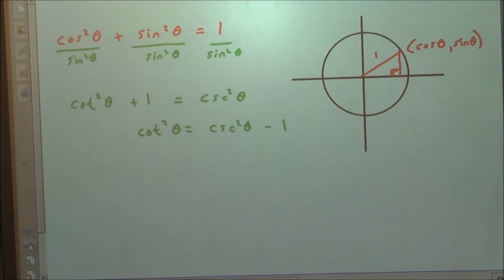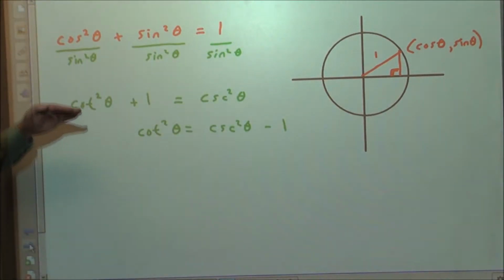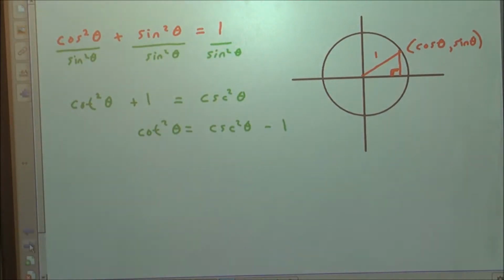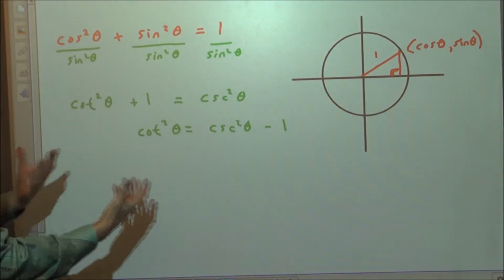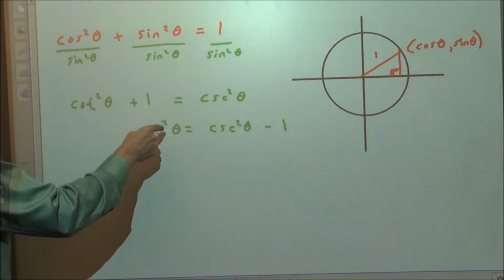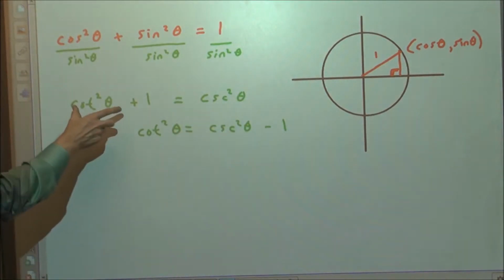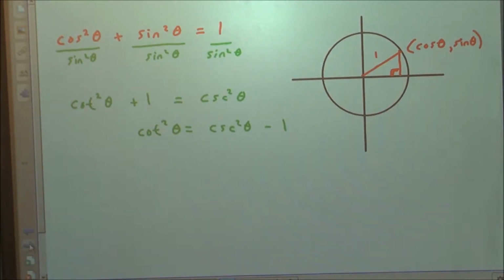Well, what this allows us to do is, based on that, we can say, hey, let's divide every term on both sides by sine squared, and we'll end up with this. So this gives us another trig identity, that the cotangent squared of theta plus 1 equals this, or that you could replace cotangent squared plus 1 with cosecant squared.